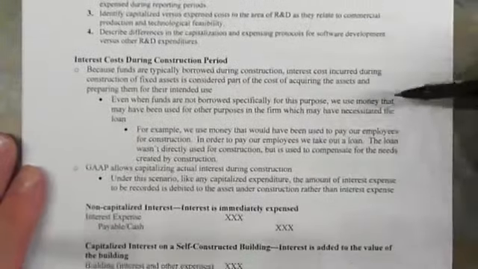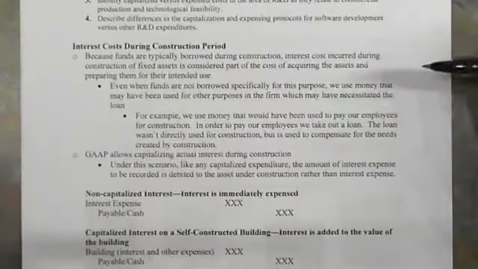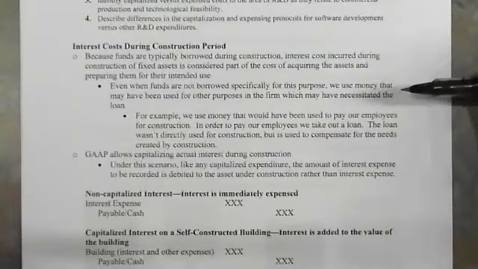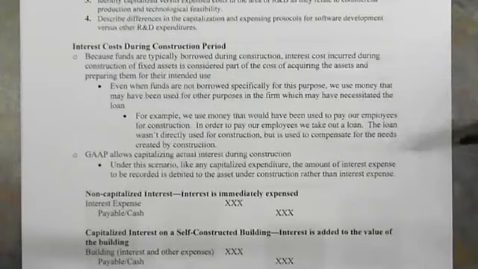So the interest costs during the construction period are going to be able to be capitalized. Anything that we borrow, and if you can imagine, if we are self-constructing an asset, we are most likely borrowing a good amount of money in order to fund that construction. However, even if we don't specifically borrow funds for construction, we are still spending money that could indirectly be related to funds that we've borrowed.